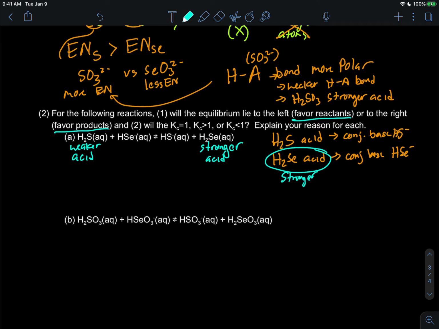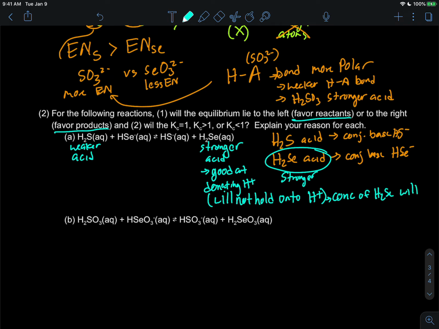And we look at this and we think, something that is a stronger acid, we notice here this is really good at donating protons. Well, if this substance is really good at donating protons, what you'll notice is it will not hold on to them. And so that would mean that the concentration of H2Se will be relatively small in this because it wants to give its protons away.